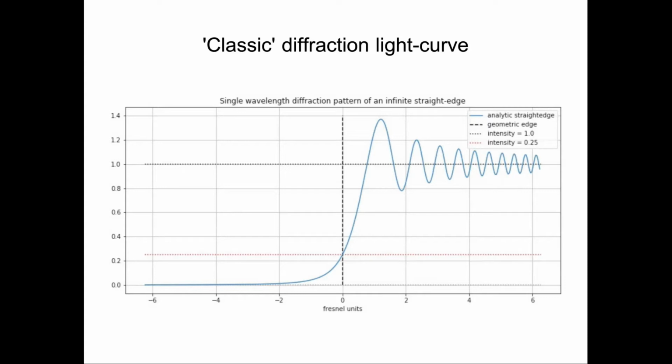In this plot here, the geometric edge is indicated by the vertical dashed line. The horizontal red line at the 25% intensity level intersects right at this point. That's at the 25% intensity, and should indicate that the way the math works out, that intersection point is not wavelength dependent.